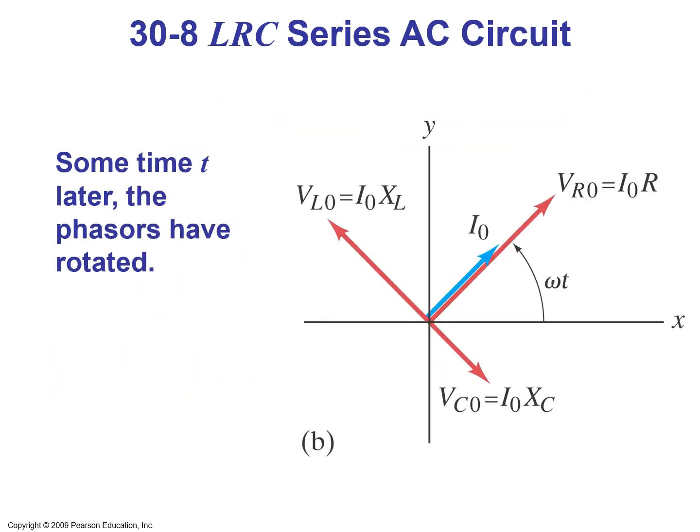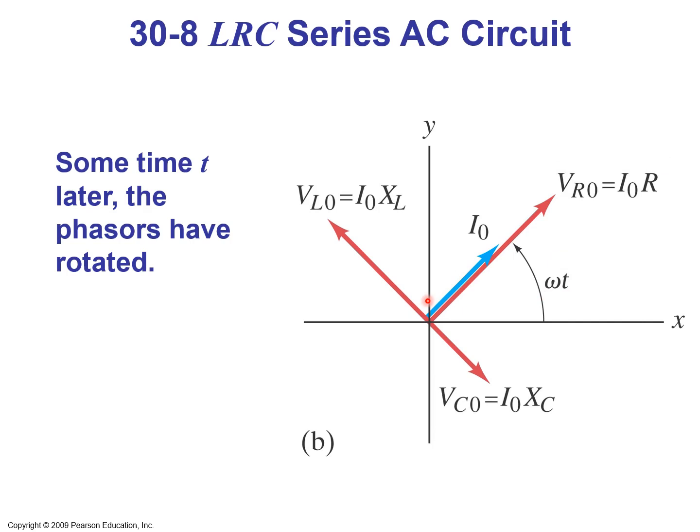Some time t later, the phasors are rotated counterclockwise with the angular frequency omega. So you see the current I0 and the voltage across the resistor are rotated by omega times t.